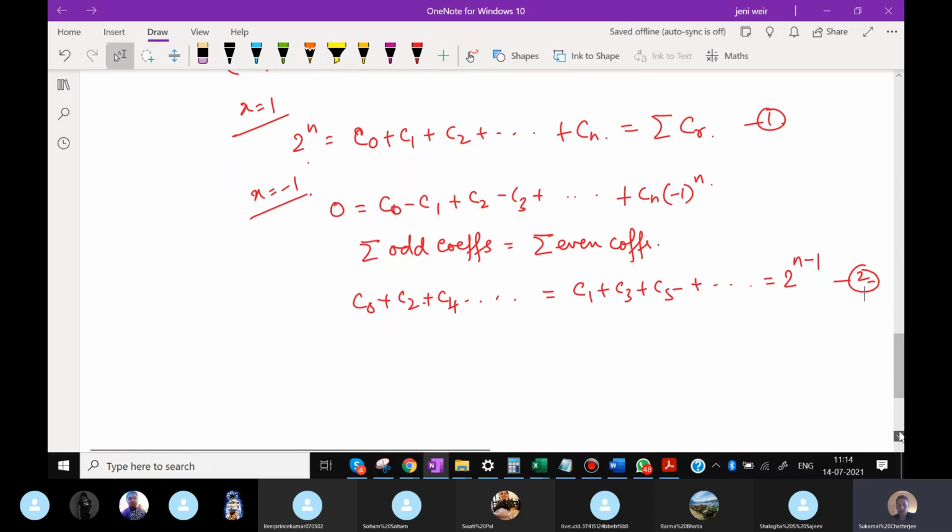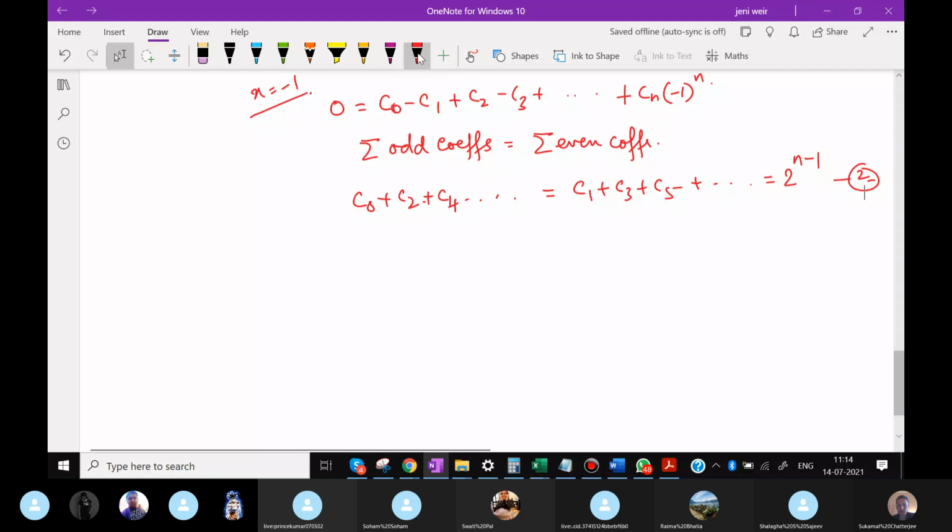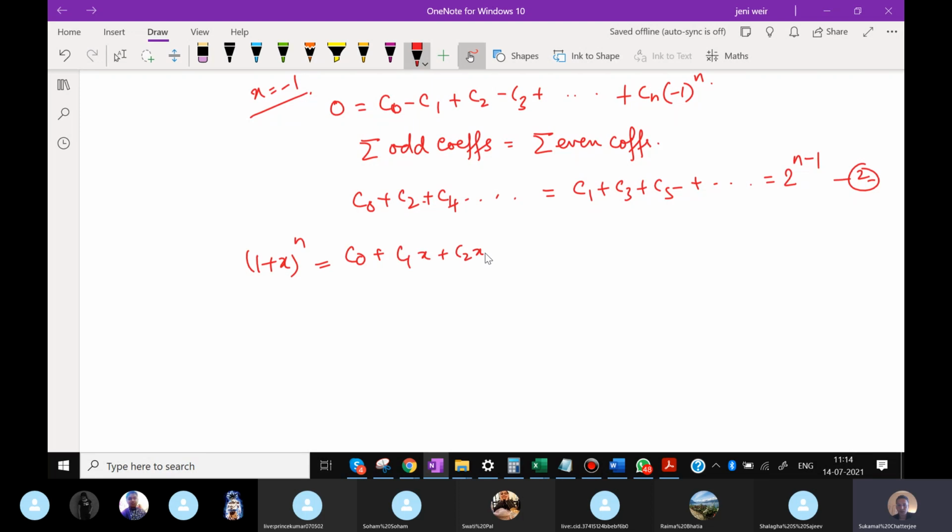The third important result is if I put (1 plus x) to the power n equal to C0 plus C1x plus C2x square up to Cn x to the power n, and I put (x plus 1) to the power n equal to C0 x to the power n plus C1 x to the power n minus 1 plus C2 x to the power n minus 2 up to Cn into 1.